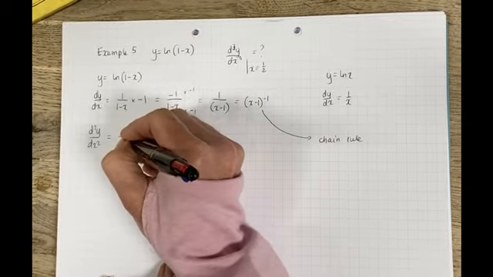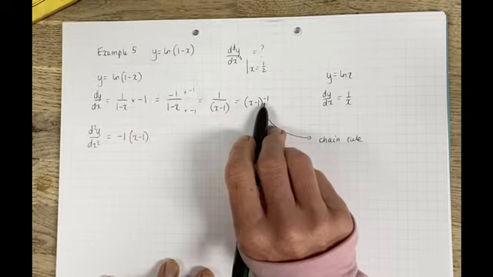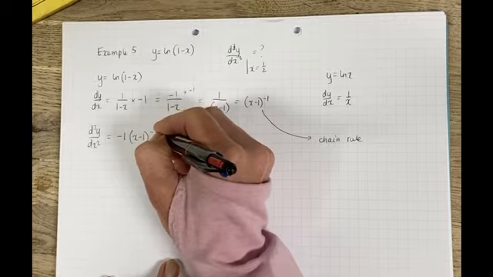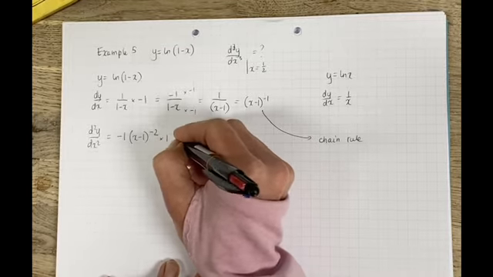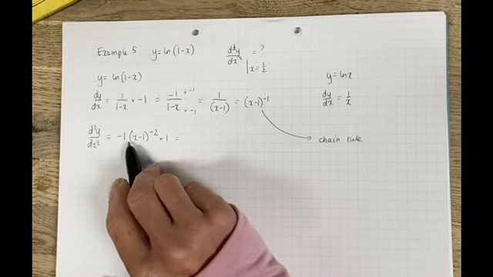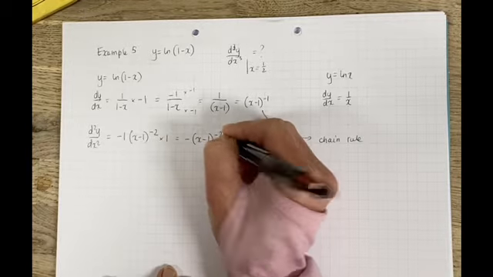So minus 1 comes down, the bracket is raised to one less than minus 1, and then you multiply by what the bracket differentiates to. Here it happens to be 1, so it's not having an effect on the answer. It's going to be minus (x minus 1) to the power of minus 2.